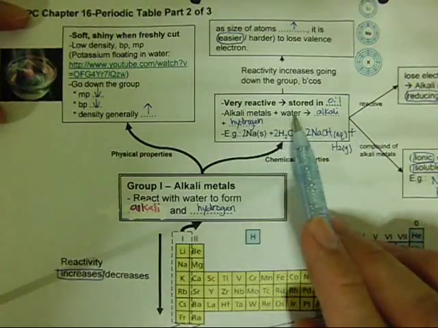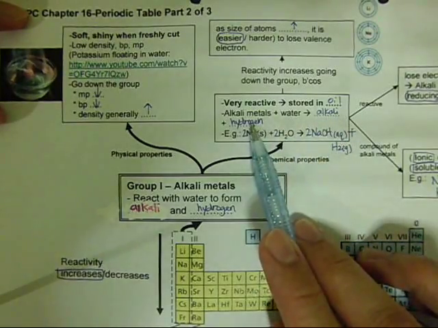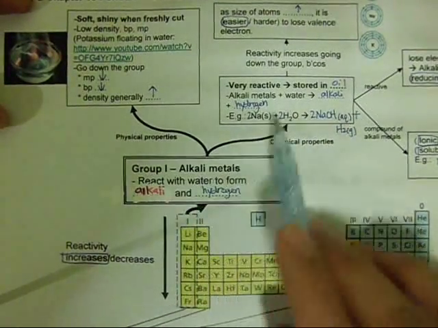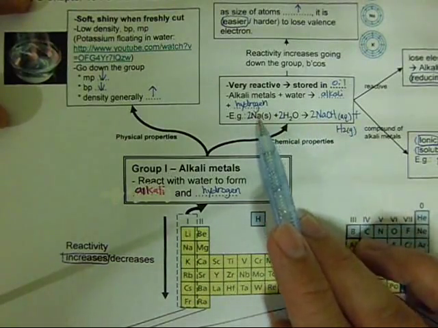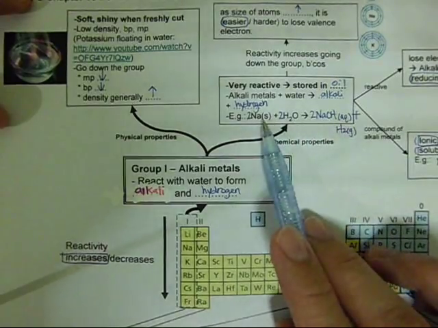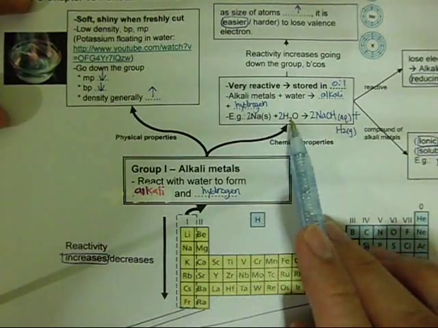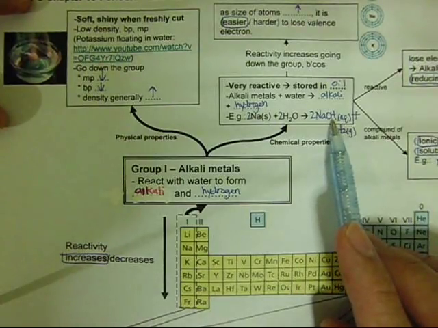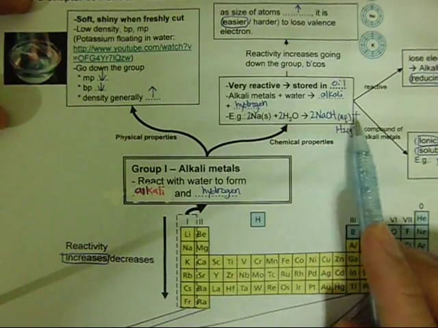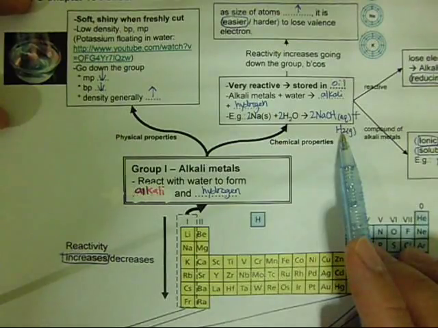So alkali metals plus water gives alkali and hydrogen. You have to remember the products formed when alkali metals react with water. For example, sodium and water react together to form NaOH, or sodium hydroxide, as well as hydrogen.